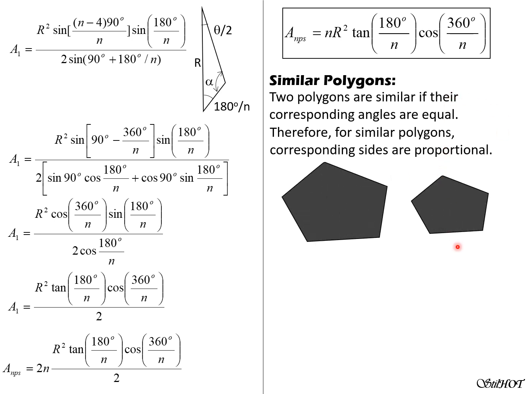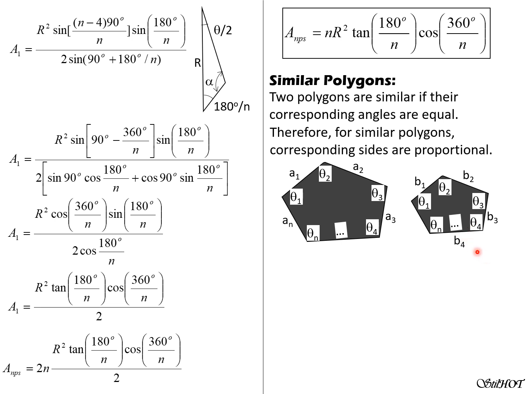So we have here similar polygons and the corresponding interior angles, theta n also, and the sides A2, B2, A3, B3, B4, A4, and so on and so forth.